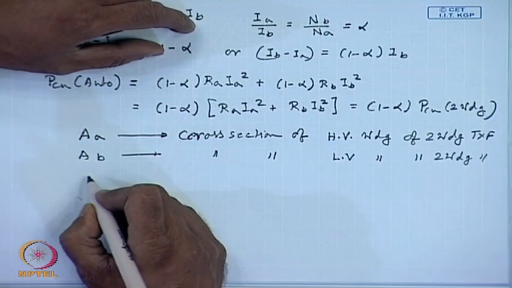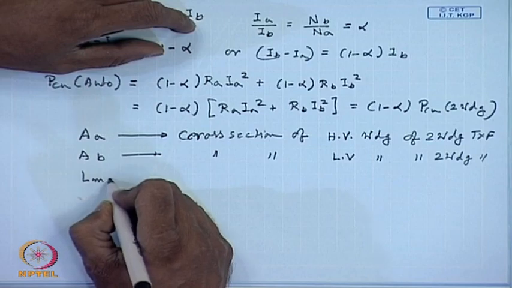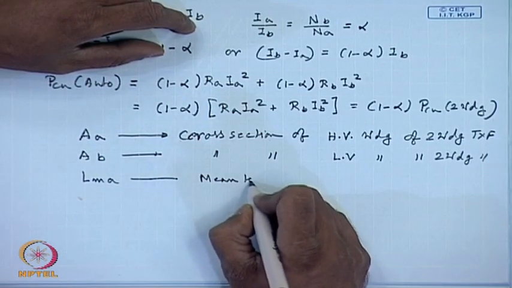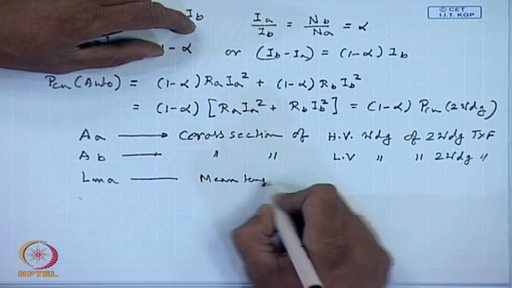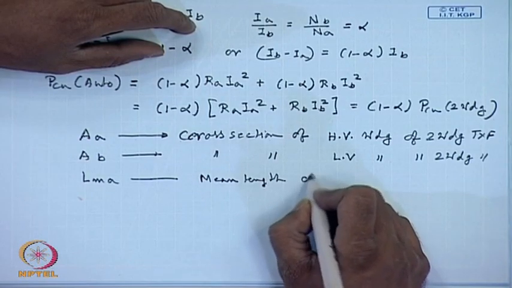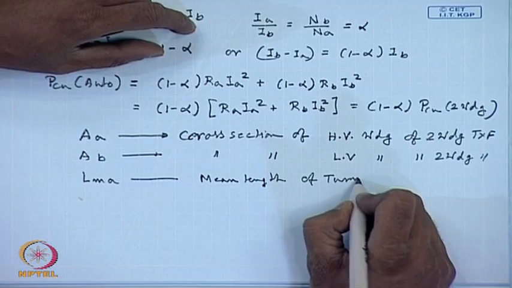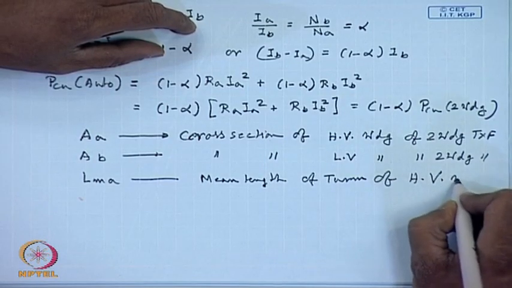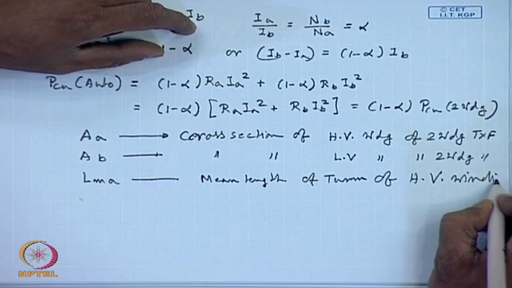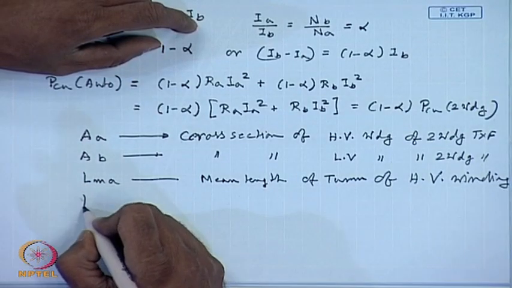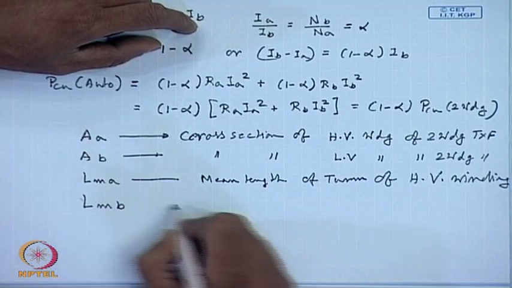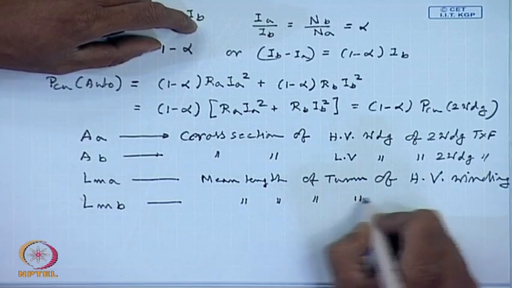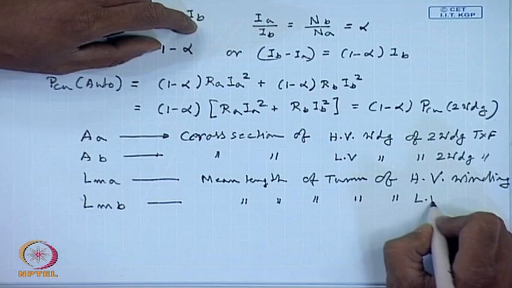Let L M A be the mean length of turn of HV winding, and L M B the mean length of turn of LV winding.